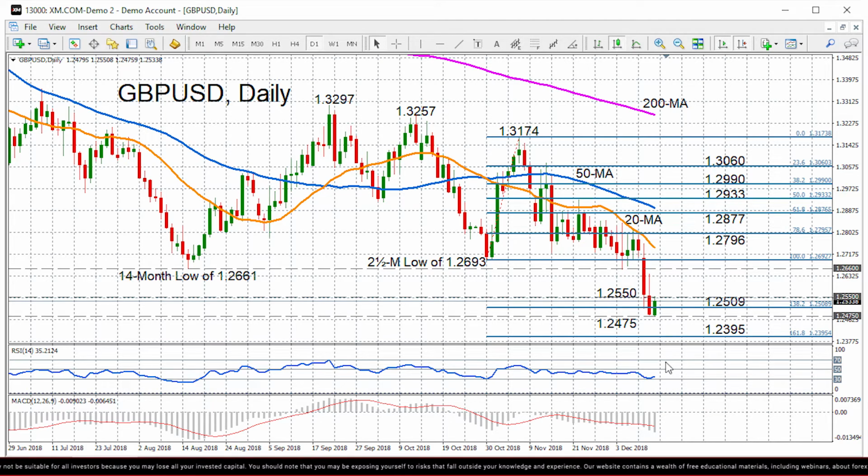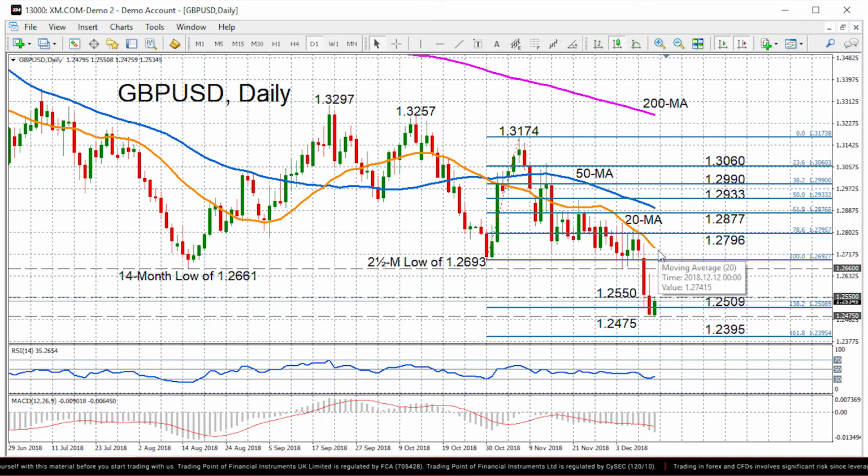However, if that slight upside momentum we're seeing today does gather pace, and the pair is able to break above immediate resistance at 1.2550, we could then see pound dollar heading up towards 1.2660 before being able to challenge that 20-day moving average around 1.2740.